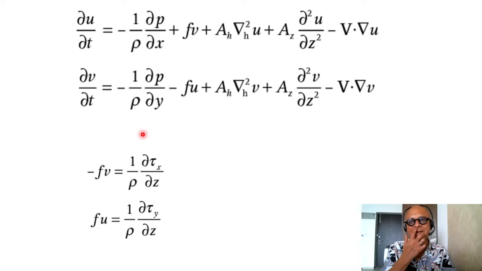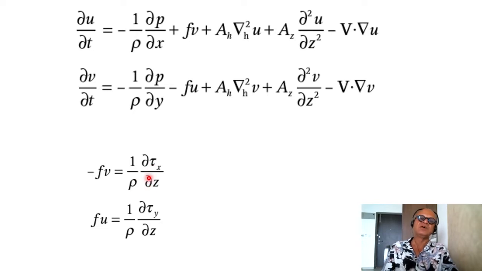We looked at earlier the balances of various types, where we just looked at geostrophic balance of pressure gradients and the Coriolis term, or acceleration balanced by pressure gradient and so on. But obviously when you have wind forcing and the ocean's response, you cannot ignore Coriolis. So you can start with the simplest case where there is wind blowing at the surface, given by the term on the right here, 1/rho d tau x/dz.